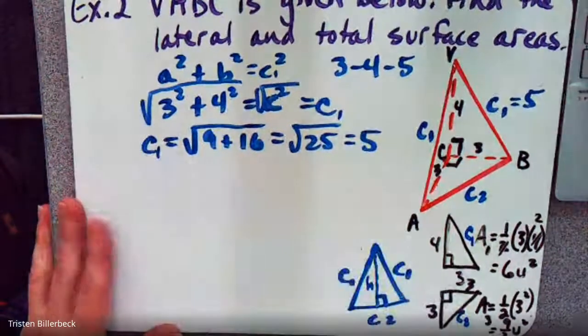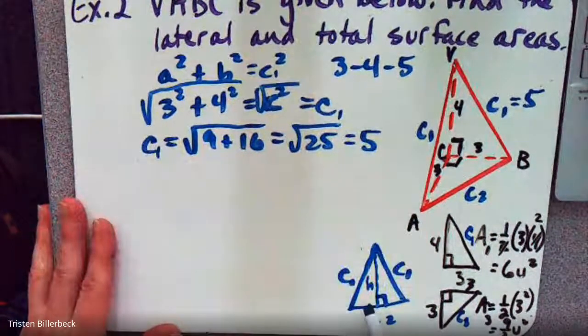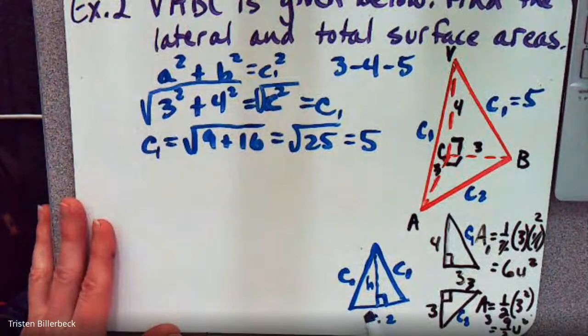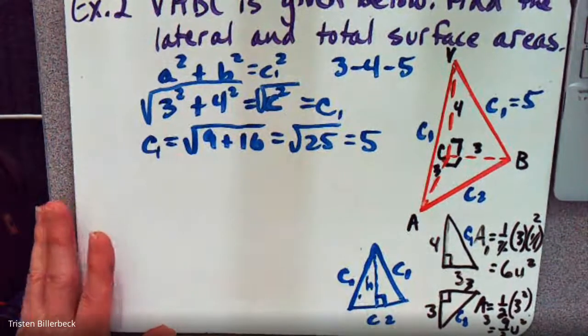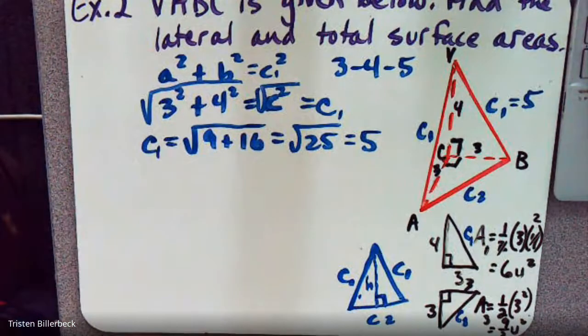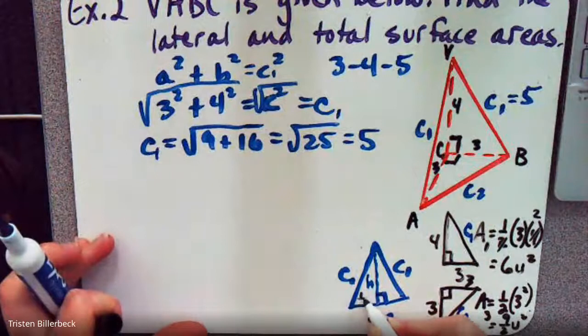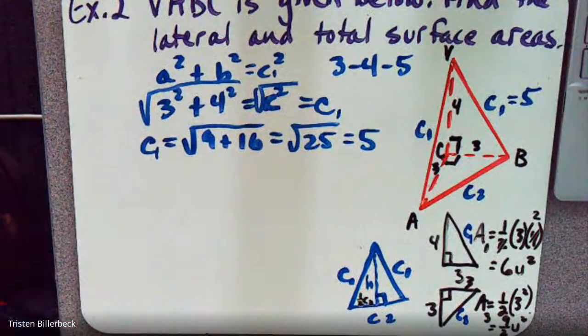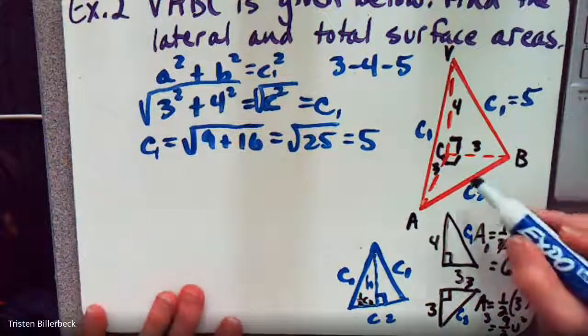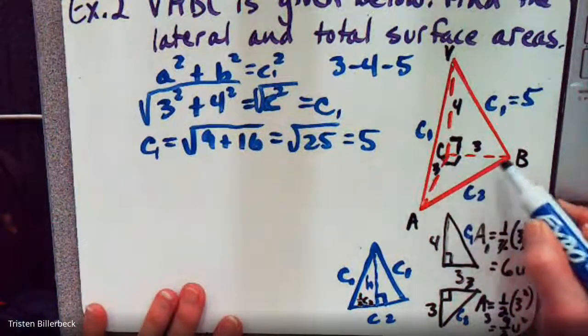So let's think about this. So we have half of C2 is going to be this base right here. Let me use the black pen. So we need half C2 here. So that's why we have to find that. And we can find C2 from this base here.